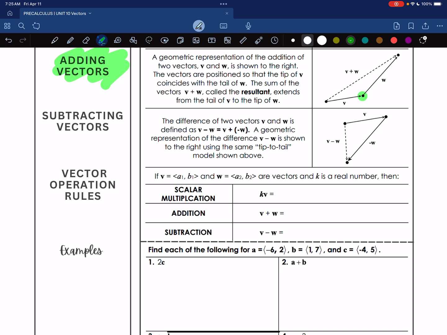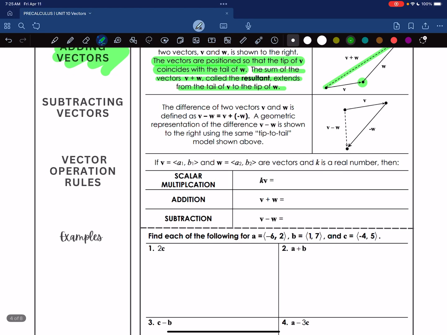The tip of v coincides with the tail of w. And the sum is actually called the resultant, and that's what you'll see here along the side. It is the distance from the tail of v to the tip of w. The sum is that resultant.